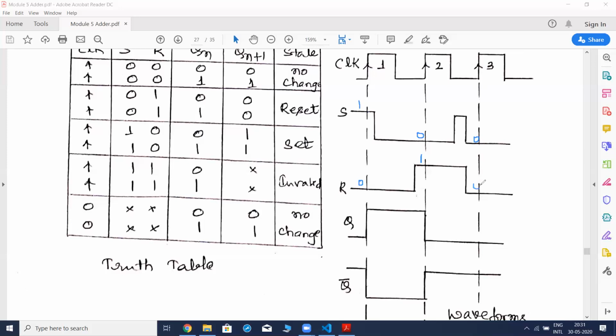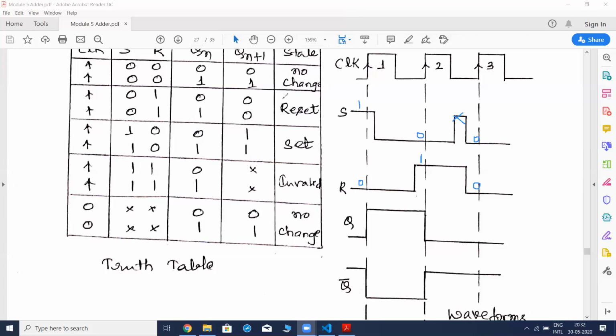Here also our input is 0. Though there is a change over here, the flip-flop is not going to change its output because this change has occurred in the middle.